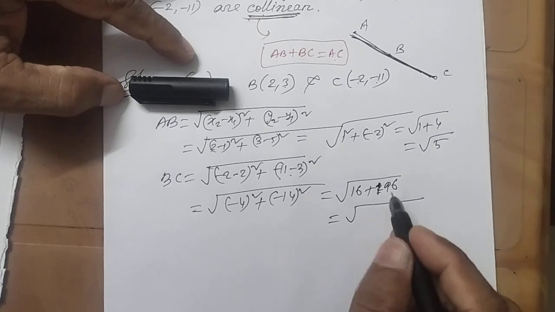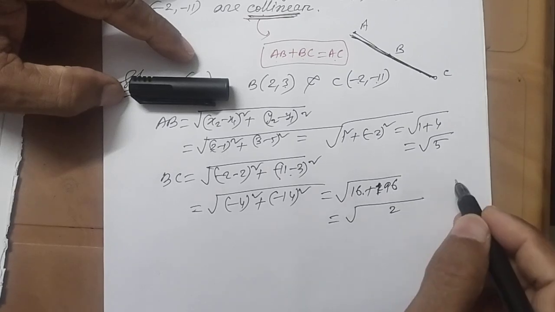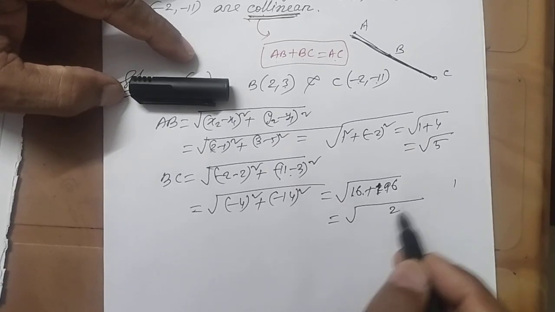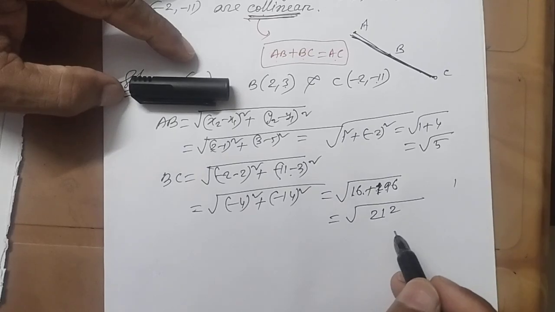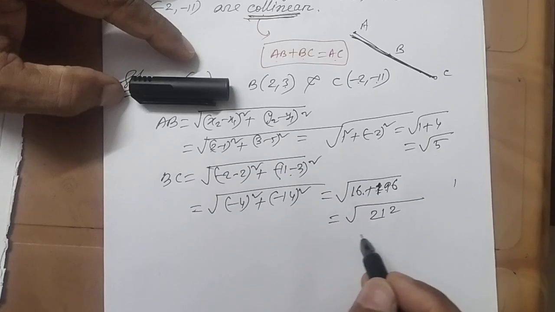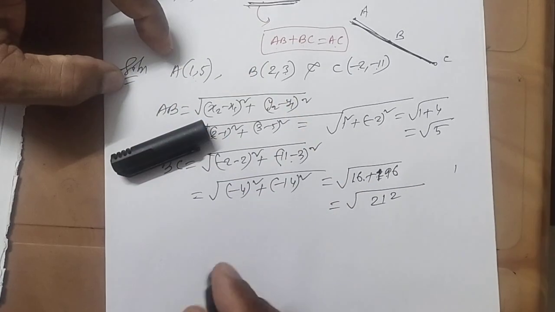If you add 196 plus 16, it is 212. Yes, 212. That is BC.